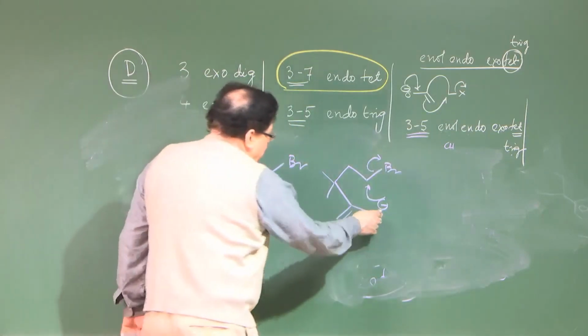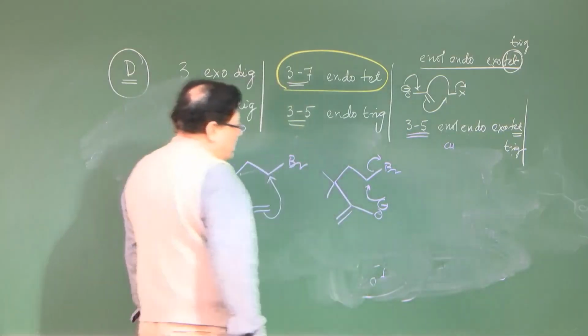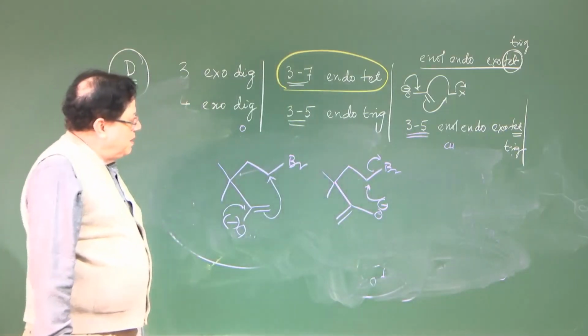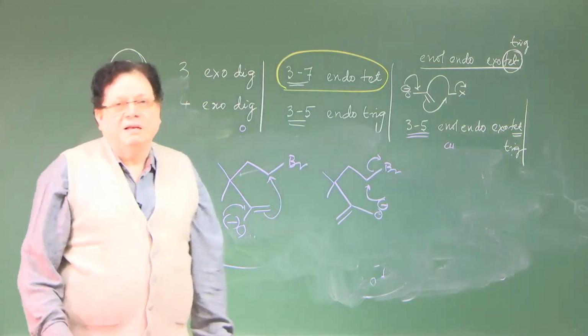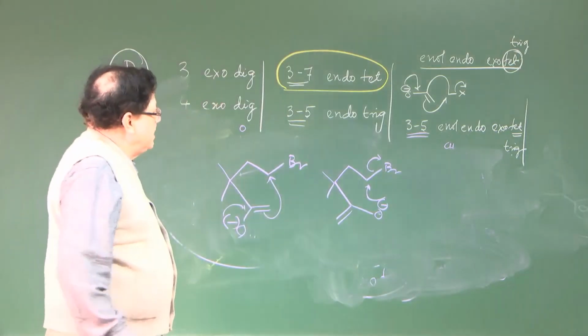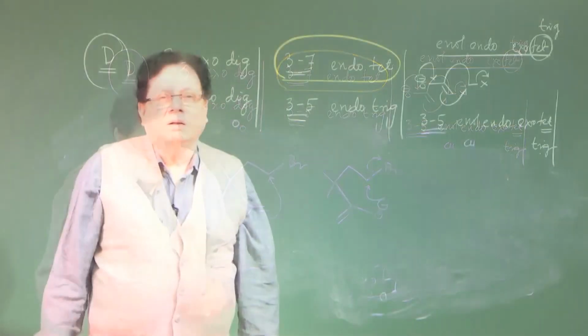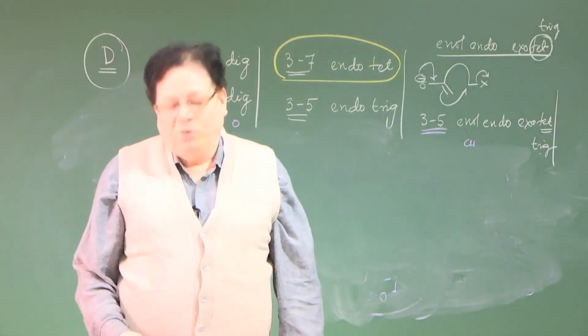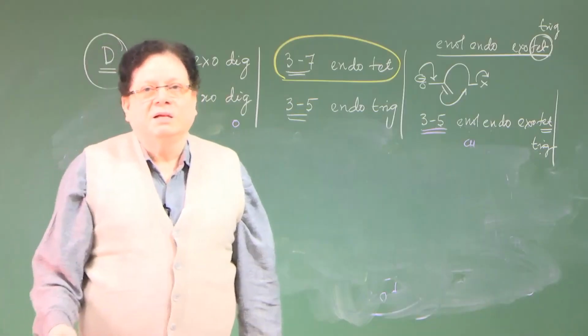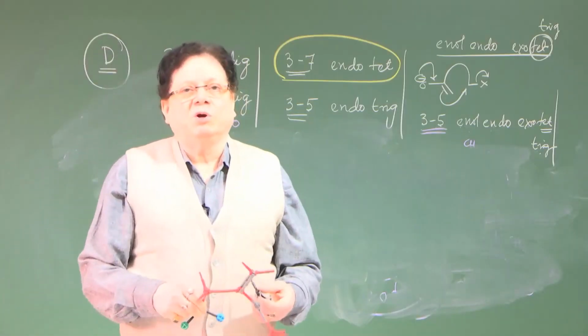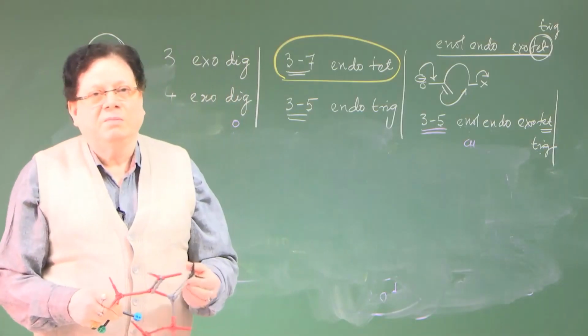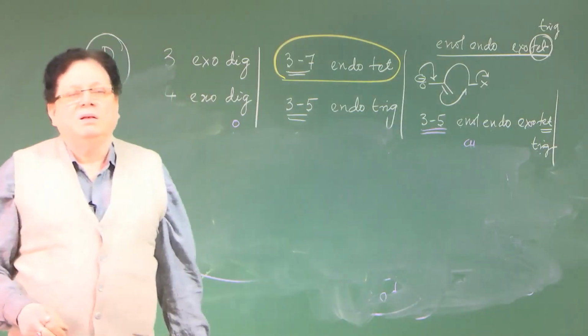That will form, 1, 2, 3, 4, 5, again a 5-membered ring, but it is 5 exo tet, which is allowed. Okay. So, you get the ether. Let us try to visualize these cyclization processes; some are allowed, some are favored, some are disfavored.